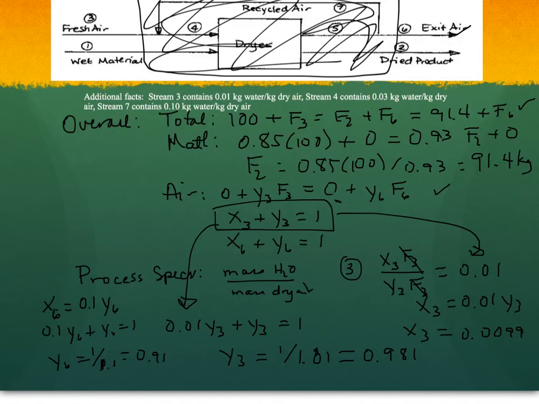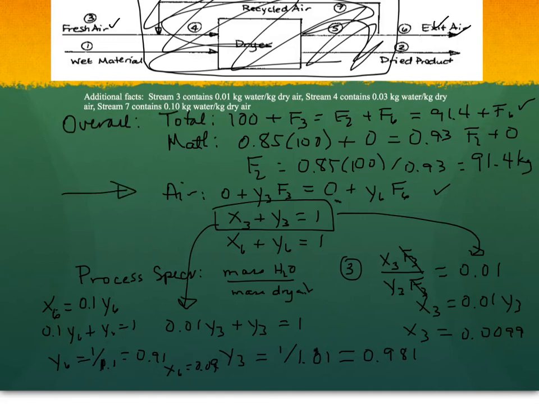And x6 is 0.09. So I have the x and the y information about these streams, leaving me with this equation.